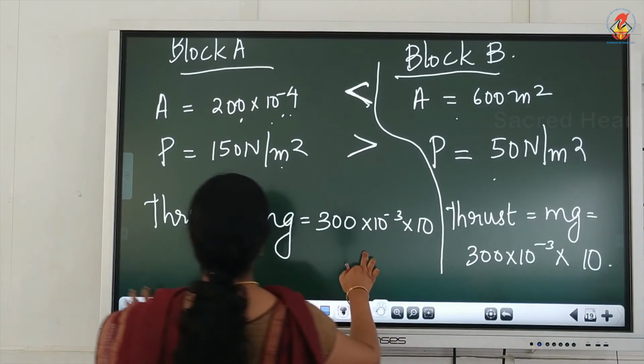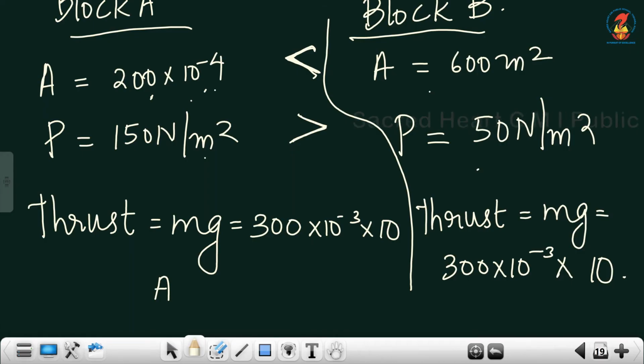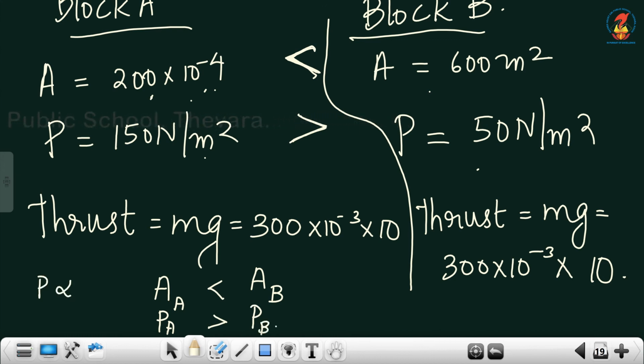So from this comparison, we can say that area of block A is less than area of block B. Hence, pressure exerted by block A will be more than pressure exerted by block B, since pressure and area are in inverse proportion.